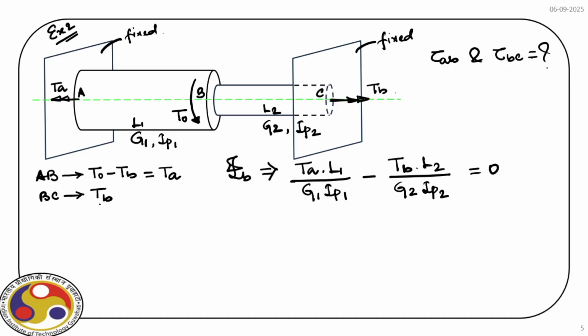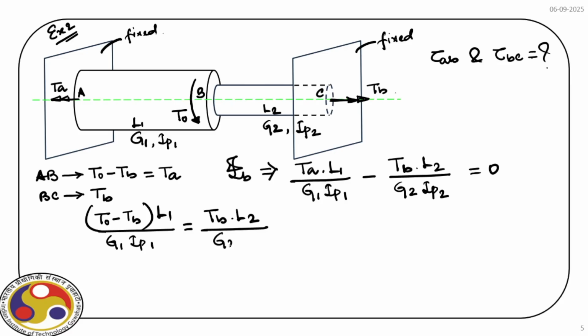And that's the reason we have this expression, right? Okay. Now, in place of TA, what we can write is T0 minus TB times L1 divided by G1 IP1 is equal to TB times L2 divided by G2 times IP2. So effectively what you get?